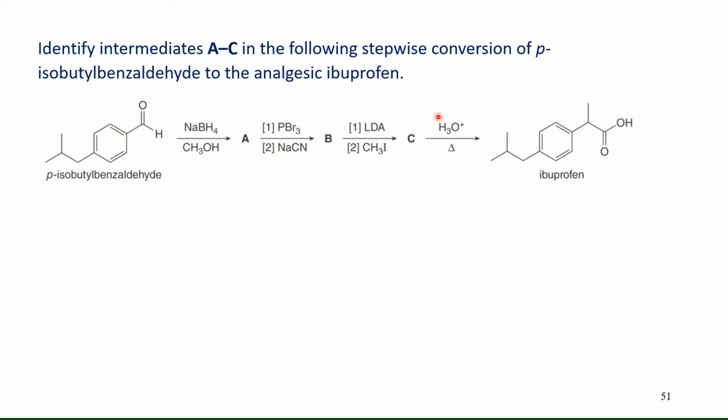Go ahead and work on that, identify the products. If you can even do some mechanism, say for example what occurs here and here after B to get C, that would be really helpful.